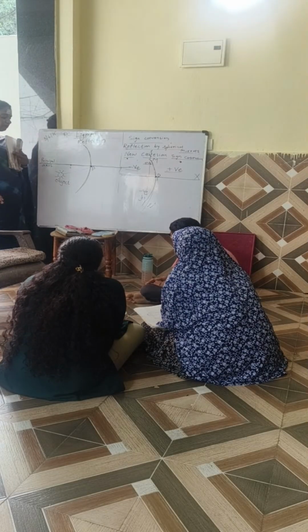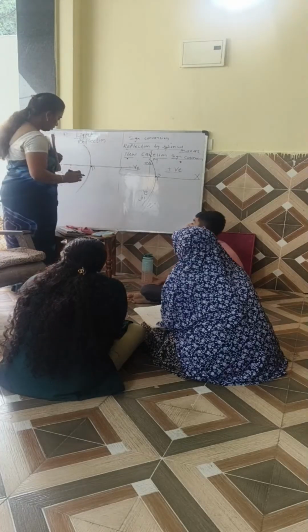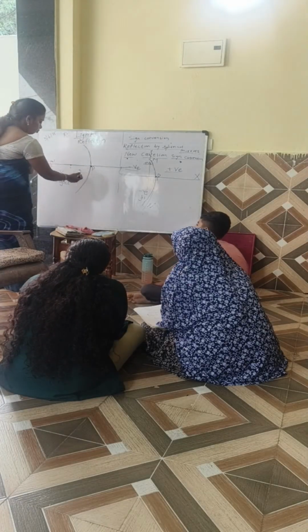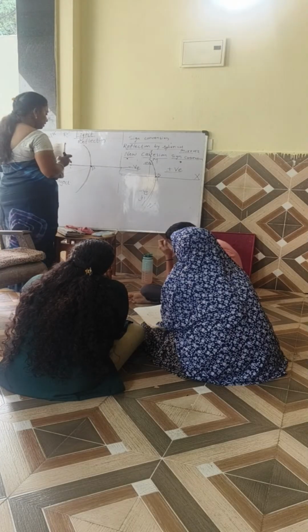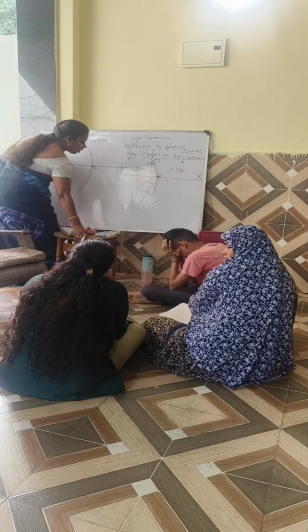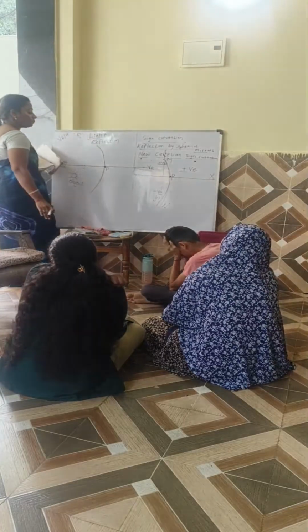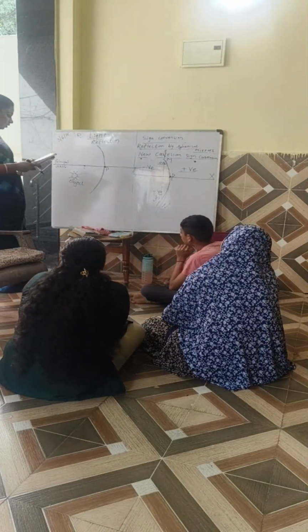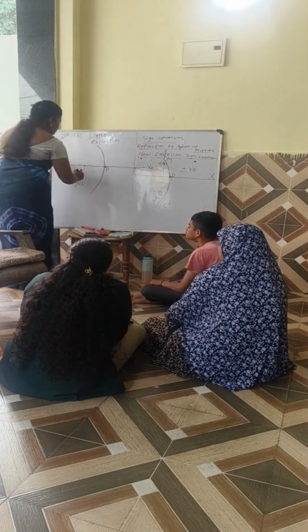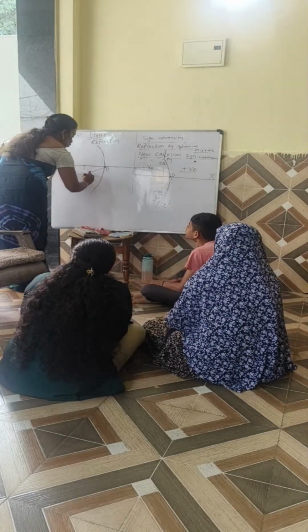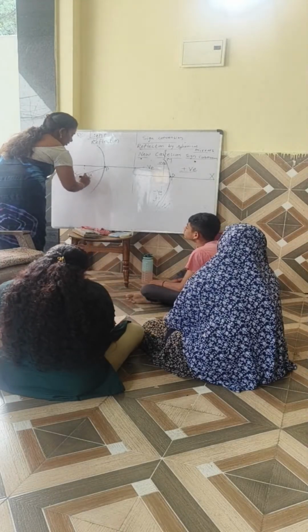Listen carefully, now I will ask you questions. The distance from the pole to the object is called the object distance. We denote it with U. What is U?